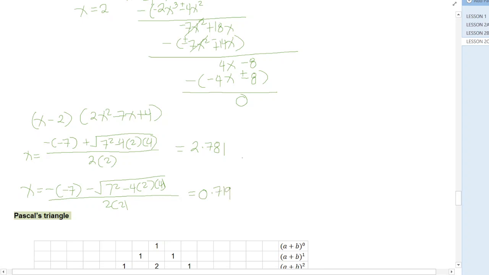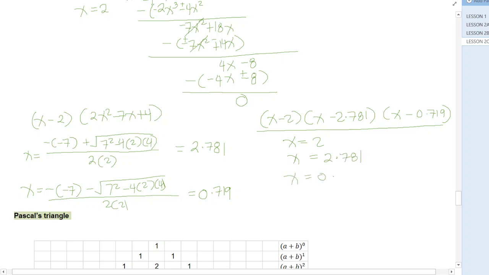So the factors are x minus 2, x minus 2.781, and x minus 0.719. So these are your factors. That is, x is equal to 2, x is equal to 2.781, and x is equal to 0.719.